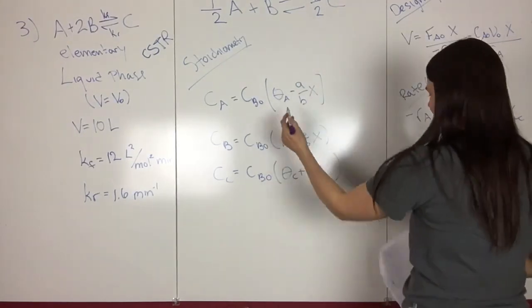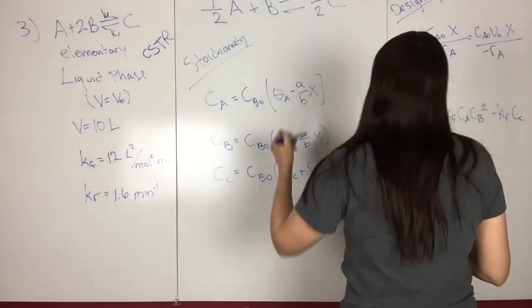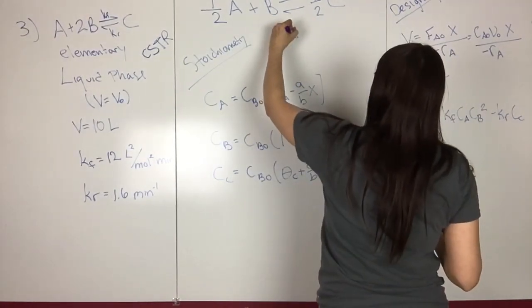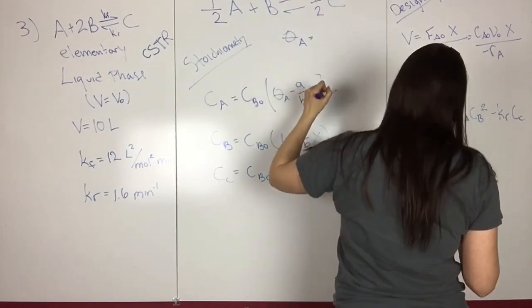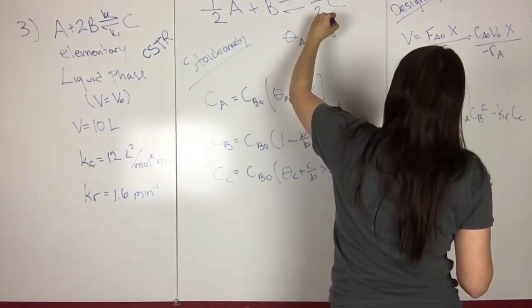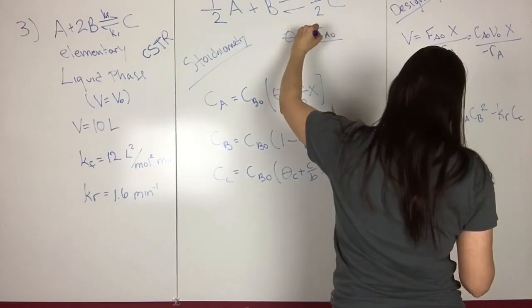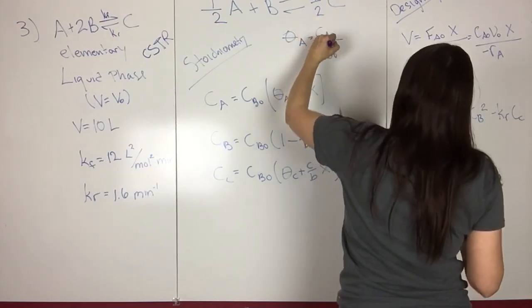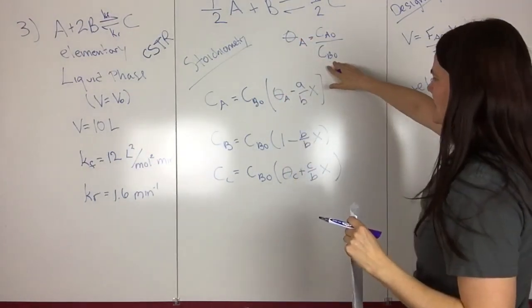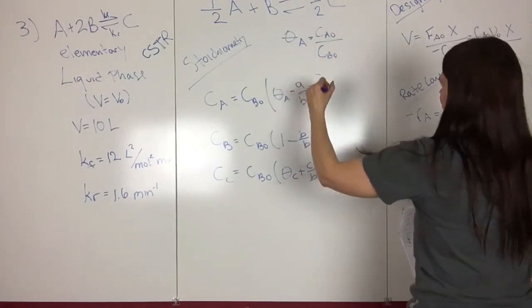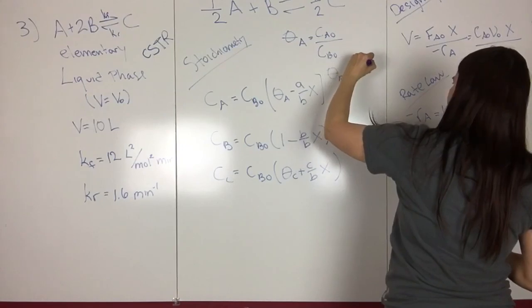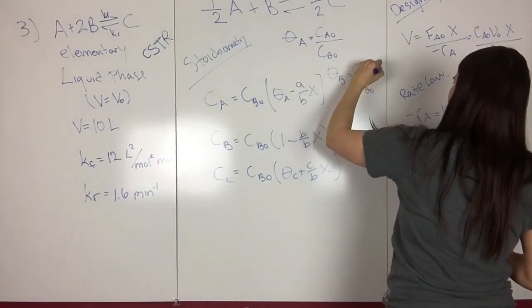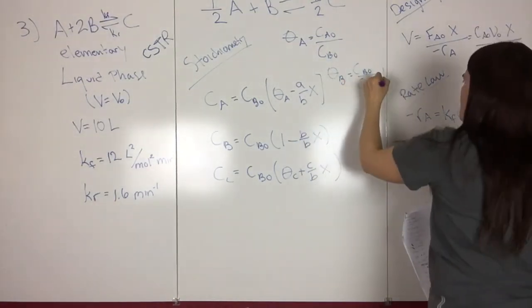this is the other thing, if you look at what theta is, so theta A is equal to CA naught over CB naught. So this is over whatever the basis is. So in the case of theta B, you would have theta B is equal to CB naught over CB naught, and that's equal to 1.